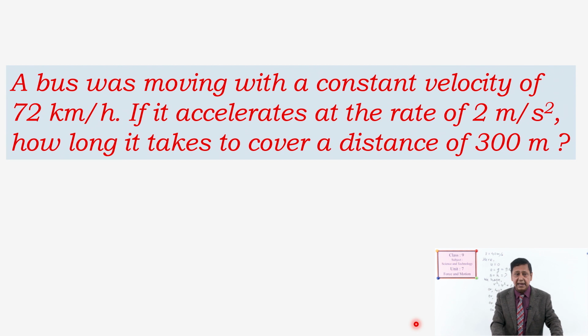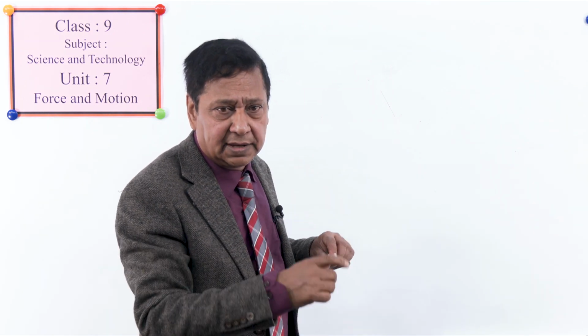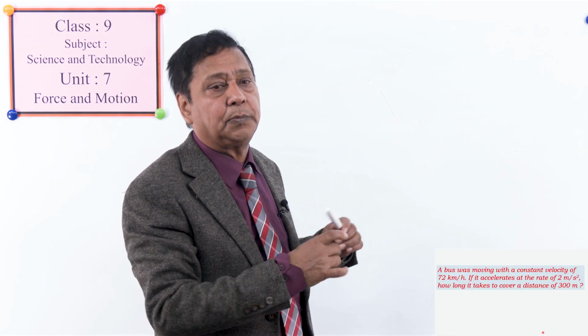Now, if it accelerates at the rate of 2 meter per second square, how long does it take to cover a distance of 300 meter? Okay, now we are writing the information and we will select the equation which is suitable to solve this numerical problem, and then we'll solve the problem. Okay, the first information is constant velocity of 72 km per hour.